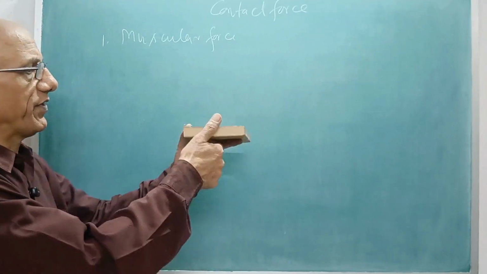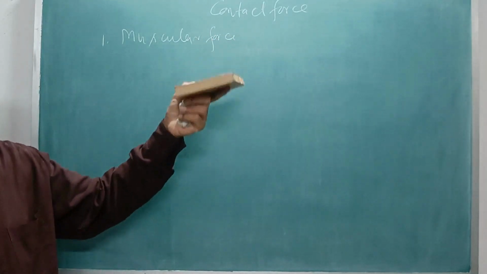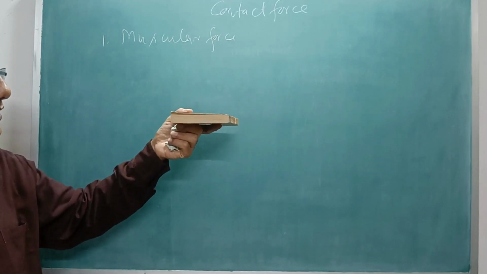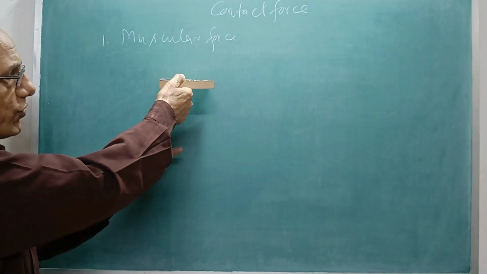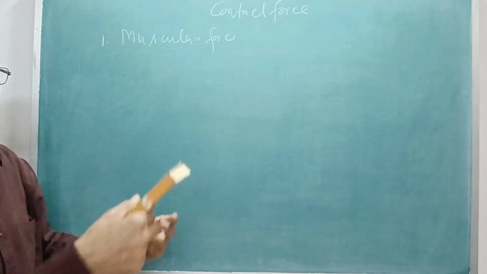When I am lifting this book, I am using my muscles and pushing this book upward. If I have to draw this from the shelf, I use my muscles to pull it.